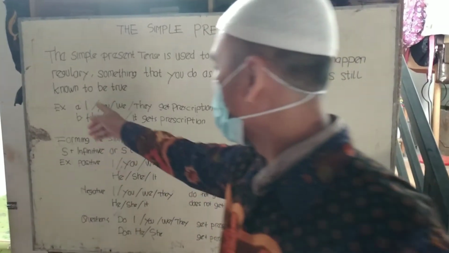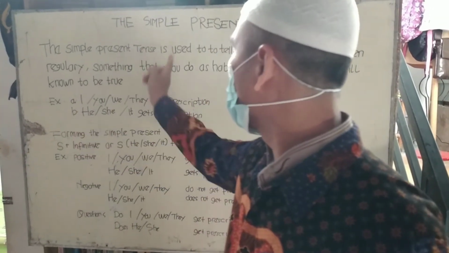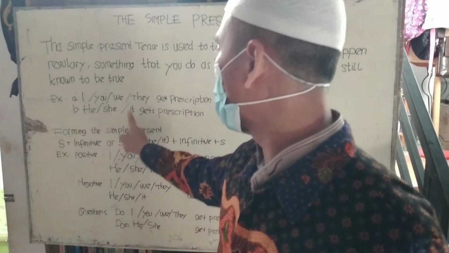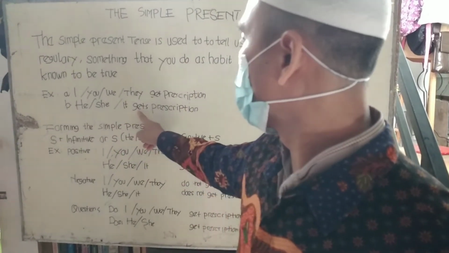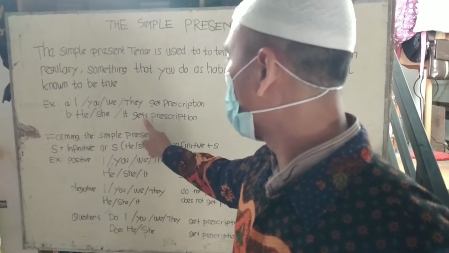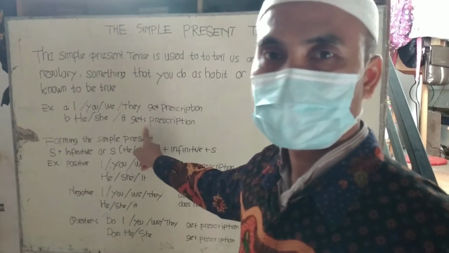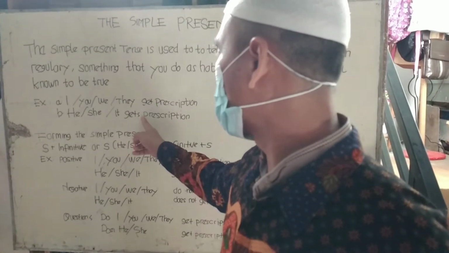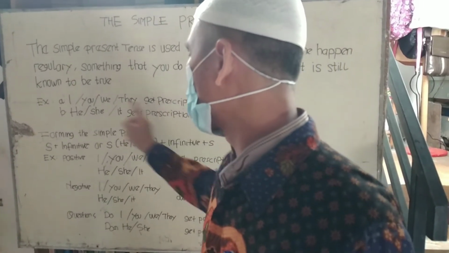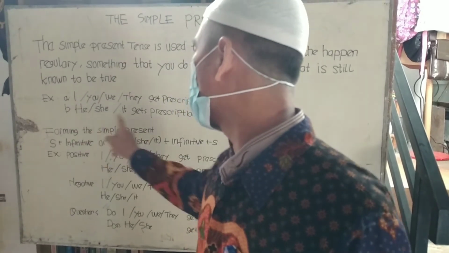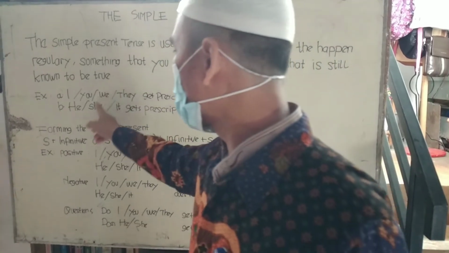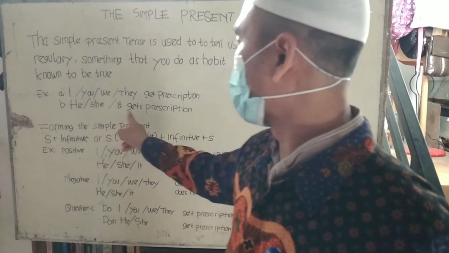And then another example of the simple present tense is if the subject is he, she, it. So the verb must be added with s. That's the third person singular. Gets prescription. For example, if the subject is he, he gets prescription. If the subject is she, she gets prescription.